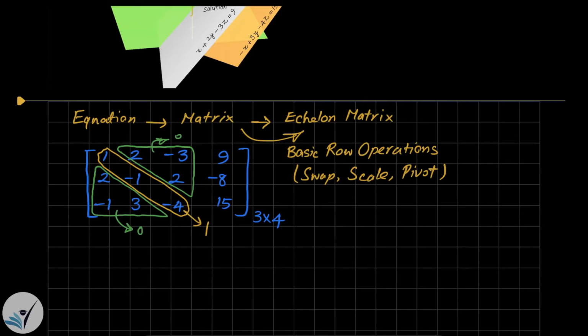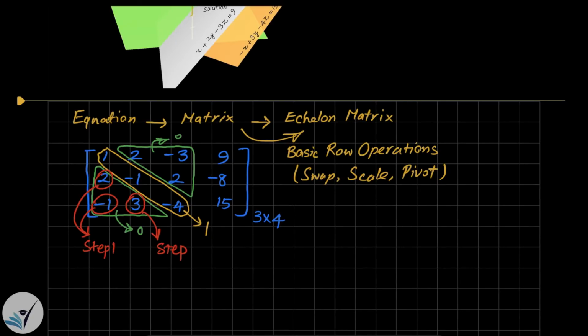To avoid undoing your progress, you need to do basic row operations in a specific order. Here I'm going to start with these two entries and transform them to 0. This would be my step 1. And then I'm going to move on to this entry here and transform this one to 0.